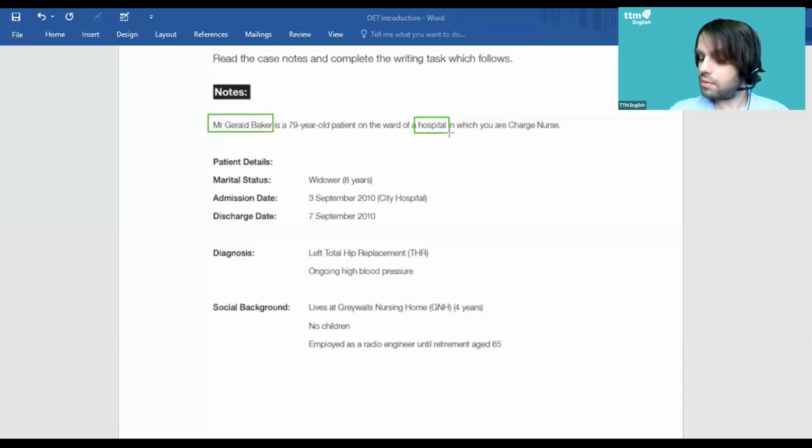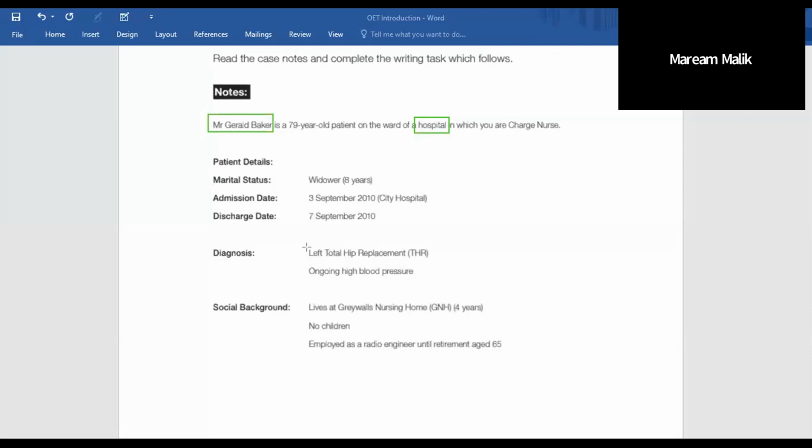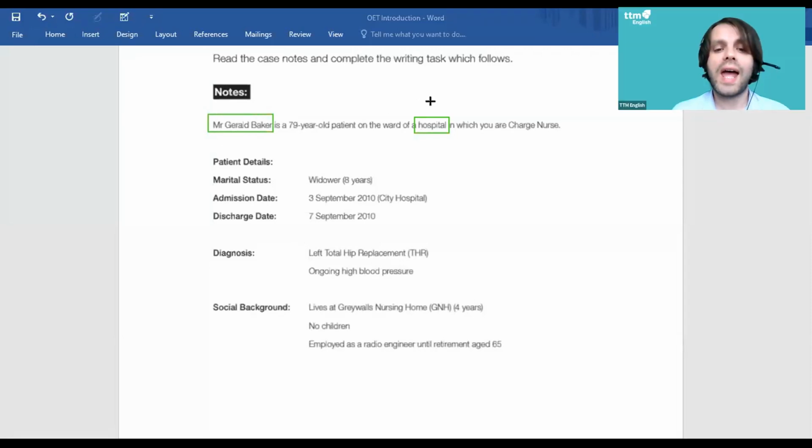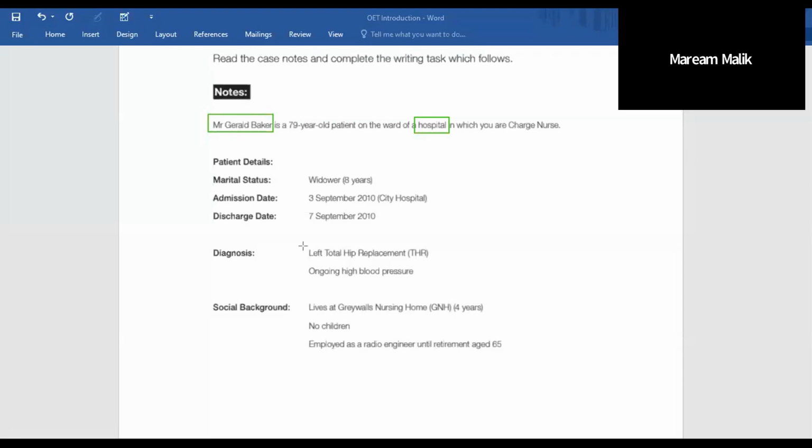Let me try Mariam. So the who is Mr. Baker, the where is a hospital, and the diagnosis is left total knee replacement.